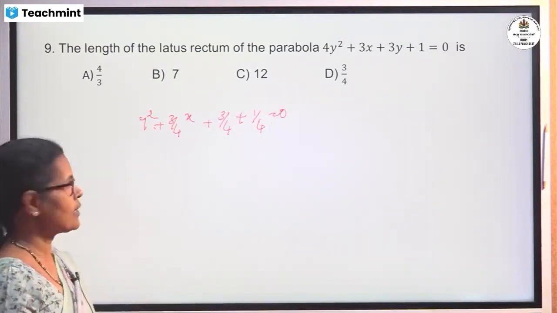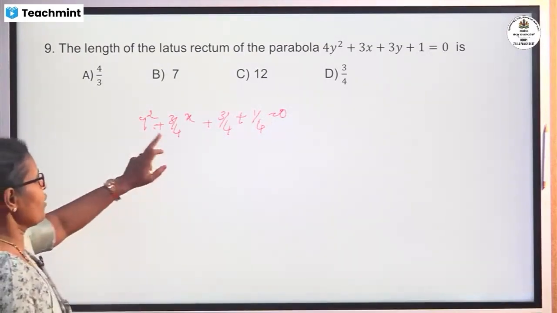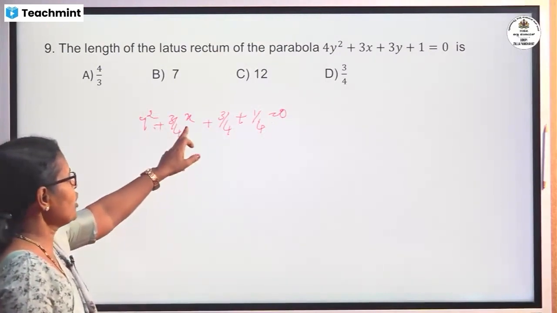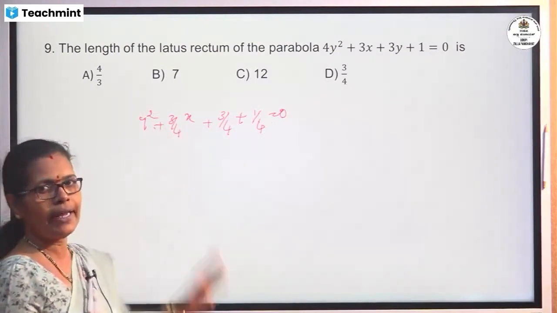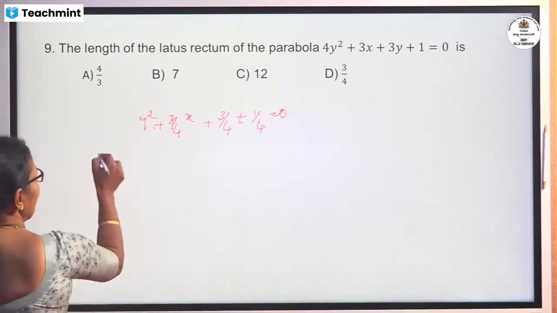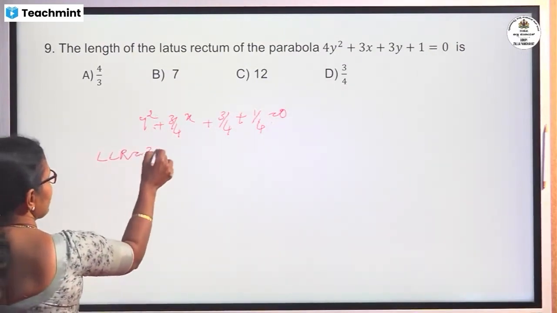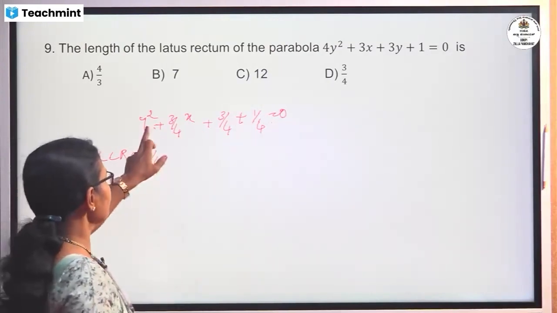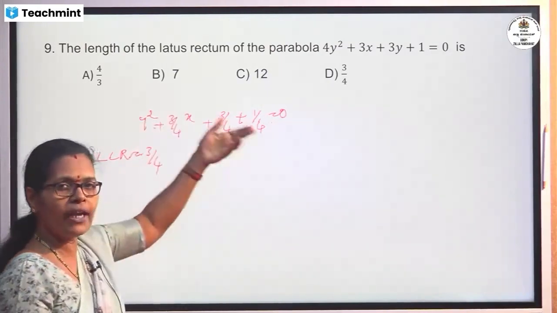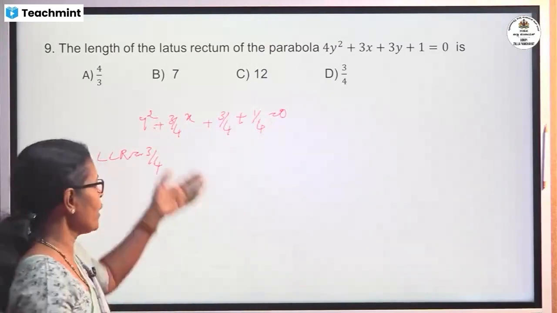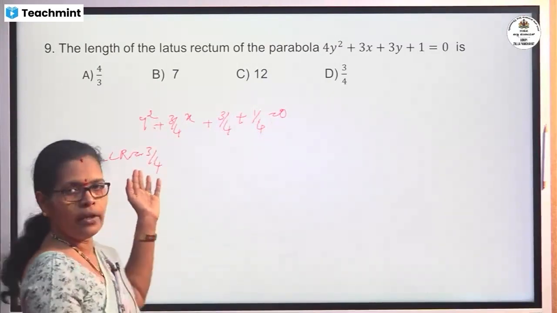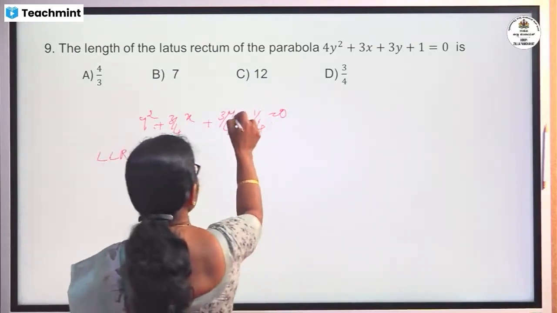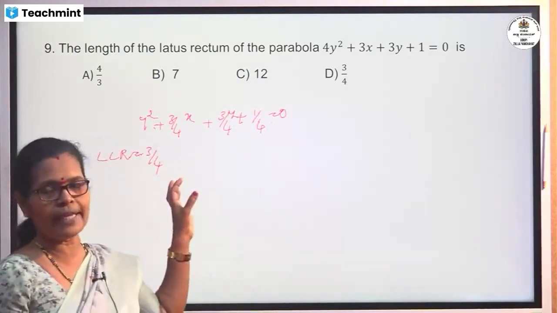Easy technique: if the equation is in terms of y square, then the coefficient of x is the length of the latus rectum. So here directly we write the length of the latus rectum is 3 by 4. If the equation is in terms of x square, then we write the coefficient of y. Coefficient of y is the length of the latus rectum. This is the easiest method to save time.